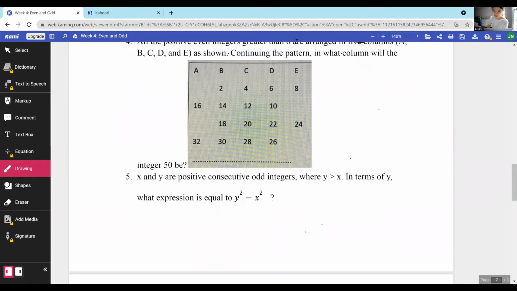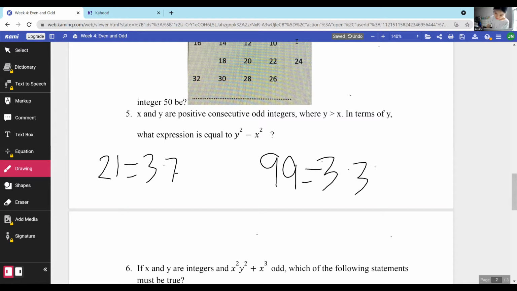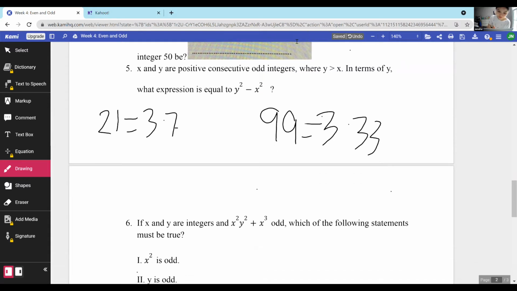So you first find the lowest multiple in that range of 20 to 100, which is 21, and the highest is 99. And then you factor them as 3 times something. As you can see, both of these are odd, right?